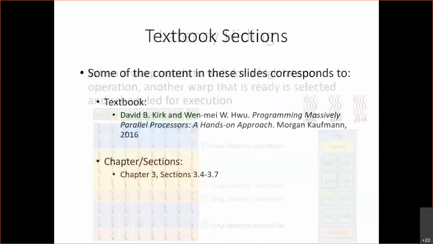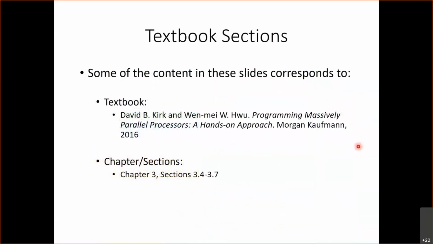Any other questions? You mentioned on the same slide that a long latency operation might be an arithmetic operation. Yes. But how would removing it from the cores help? You remember these are pipelined, right? So my ALU could be pipelined.